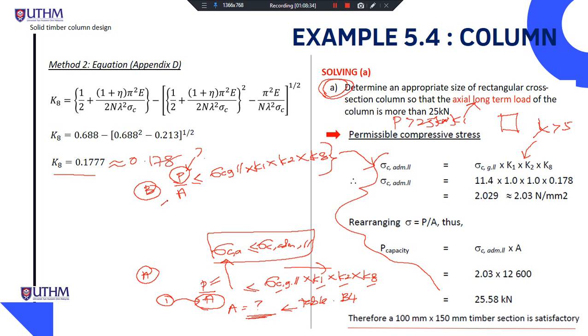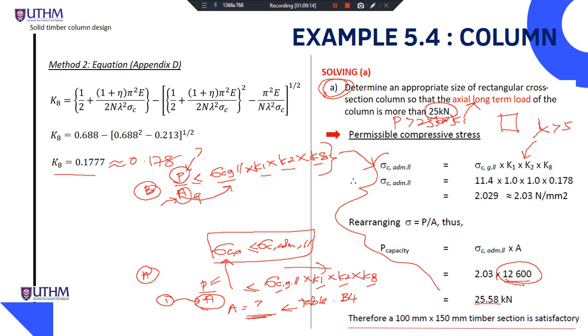A is known as 12,600, and we know K1, K2 up to K8. Thus we solve for P. We bring A to the right side, and P is equal to 25.58 kilonewton.